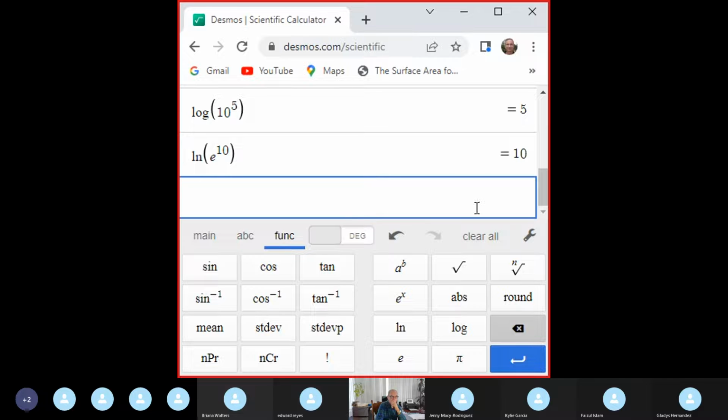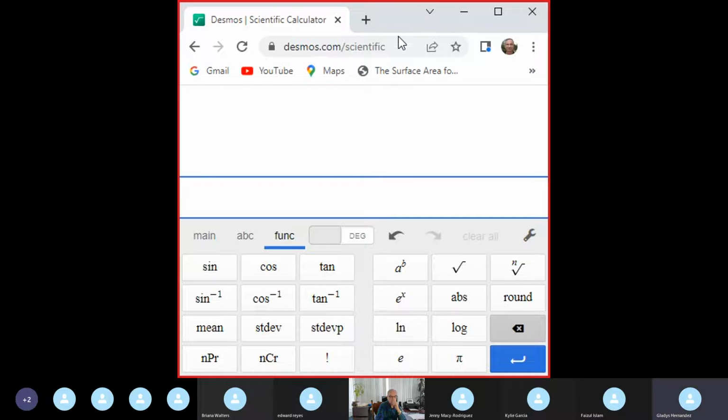Okay, let me clear all things. I want to write, let me put a background, the whiteboard, to see, to understand exactly what you are doing. You continue to see the calculator, no? Yes.